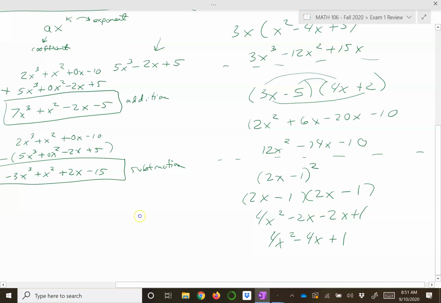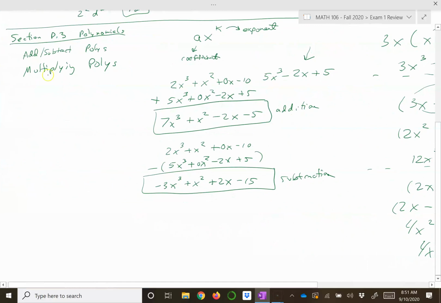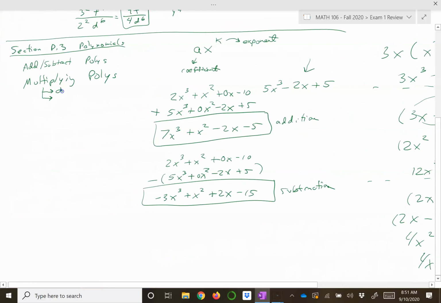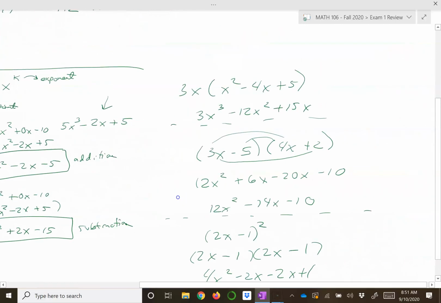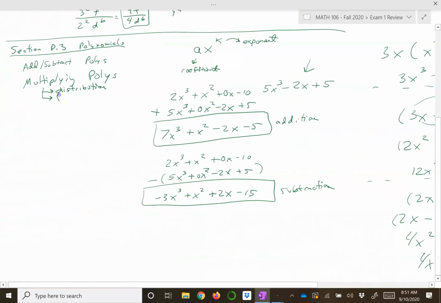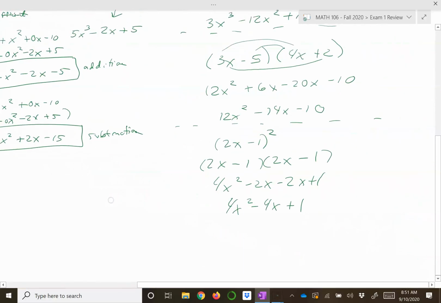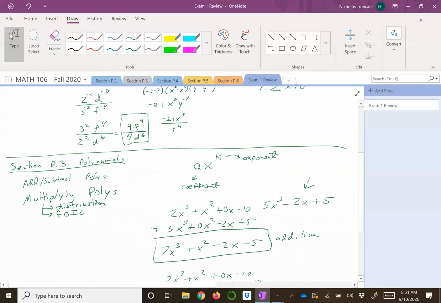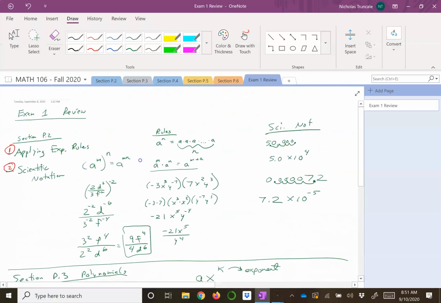All right, so in terms of problem types, now what I'll do is I'll put some arrows here. The two types of multiplying, really, when you look at it, would be distribution. That was like this very first example I did here. And then FOIL. Because really this last one is also FOIL. All right, so if I get my red, I'm going to start counting these up.